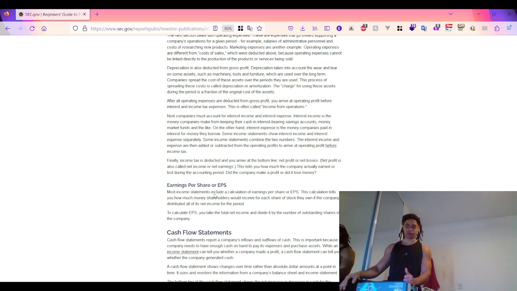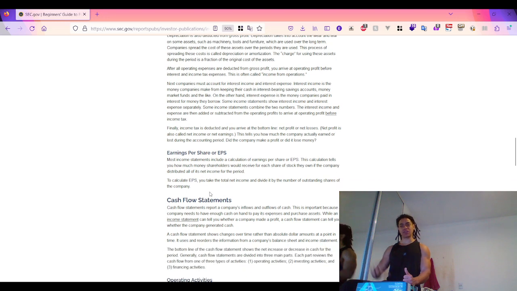Of course, companies don't do that; they reinvest it in the company. But this is a hypothetical calculation. So if a company decided to distribute all of its net income for the period to the shareholders, that would be the hypothetical money they would receive.